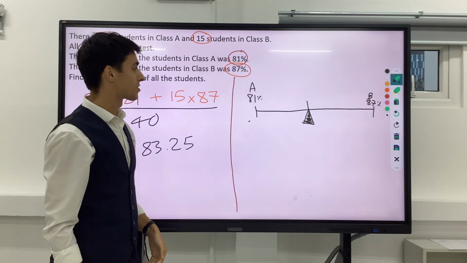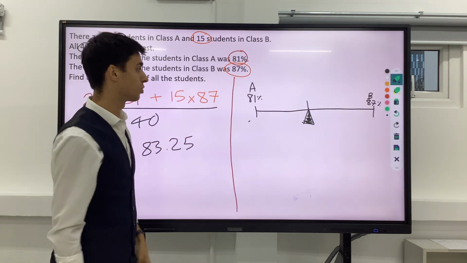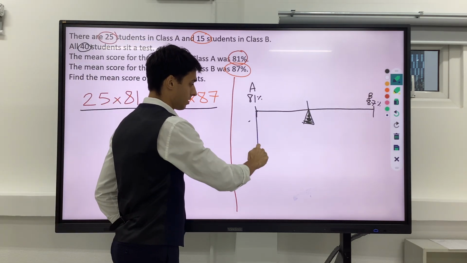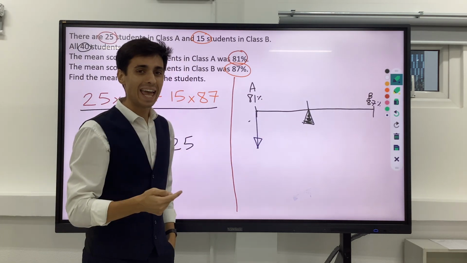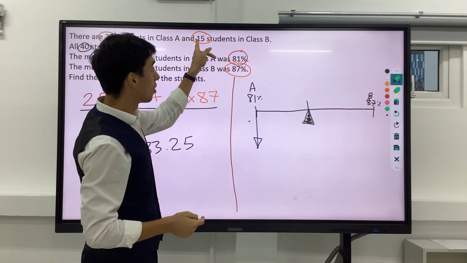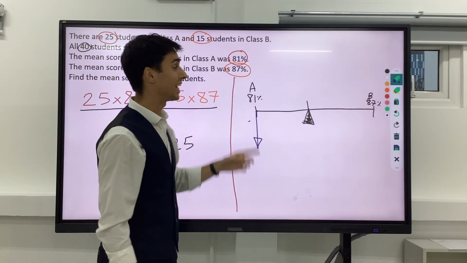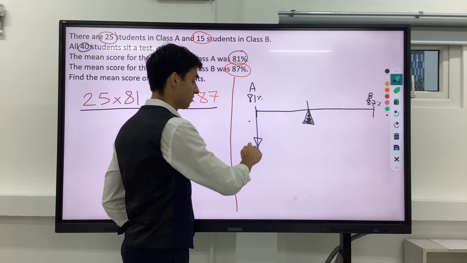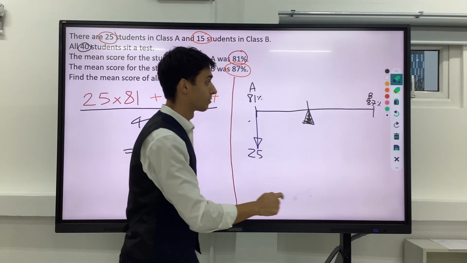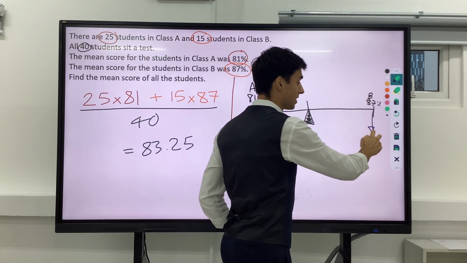Our next step here is to think about the weights of the two groups. So group A has got a weight according to the number of people in it. So for group A it's 25, and for group B it's 15.